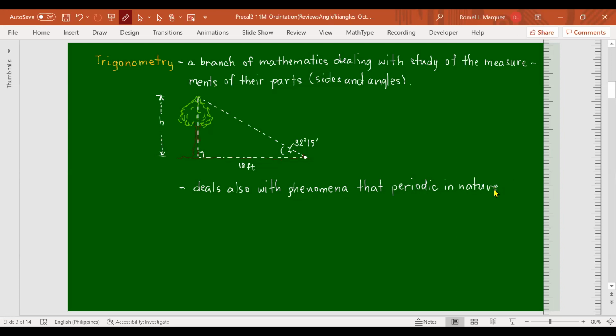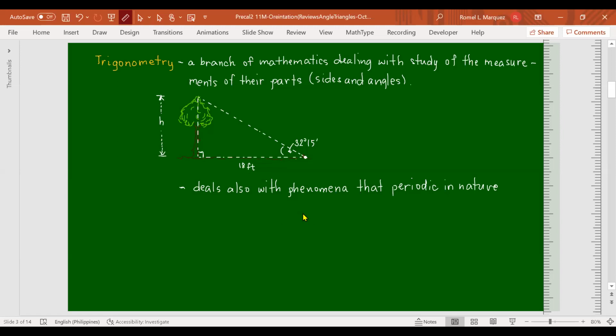If a certain event or situation or phenomenon is periodic in nature or has a periodic pattern, we can also apply trigonometry. We can describe it making use of, for instance, trigonometric functions.